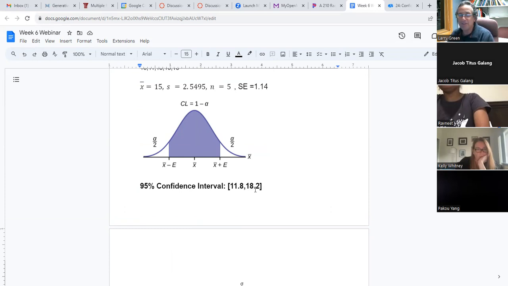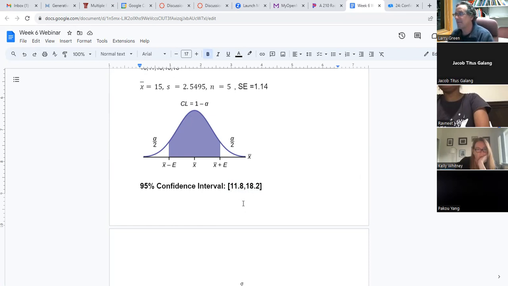And I consider it being successful if the population mean age of first kiss really does lie in this. And I consider it a failure if it doesn't. If the population mean age of first kiss was, say, 20 years old, well, then we mislead people. Do you see that? On the other hand, if it was, say, 16 years old, then we haven't misled anyone because it's in this interval.